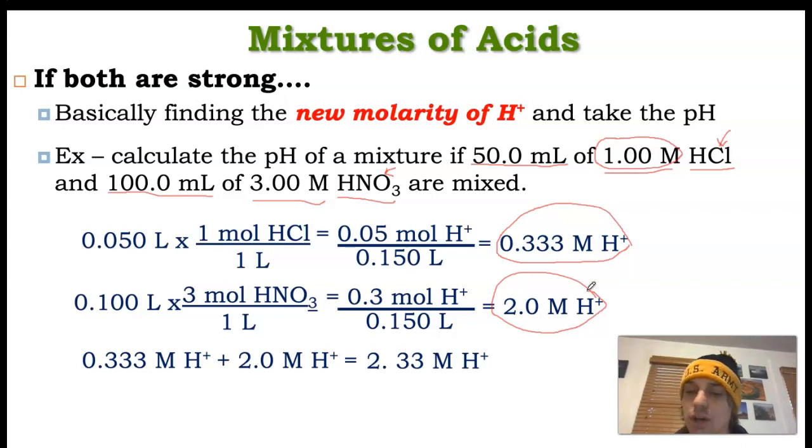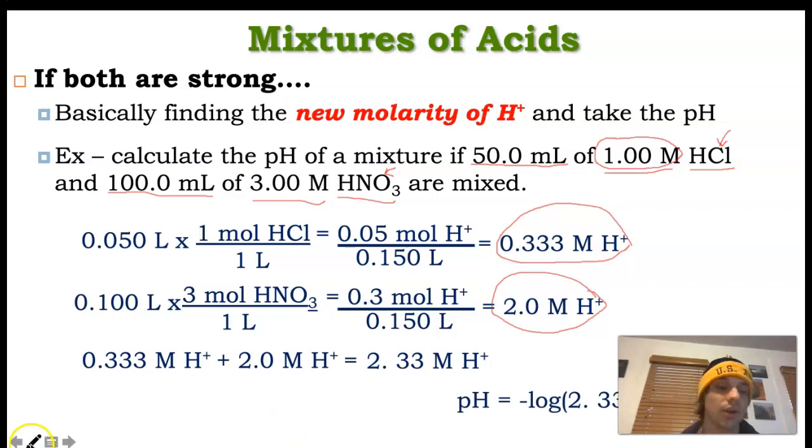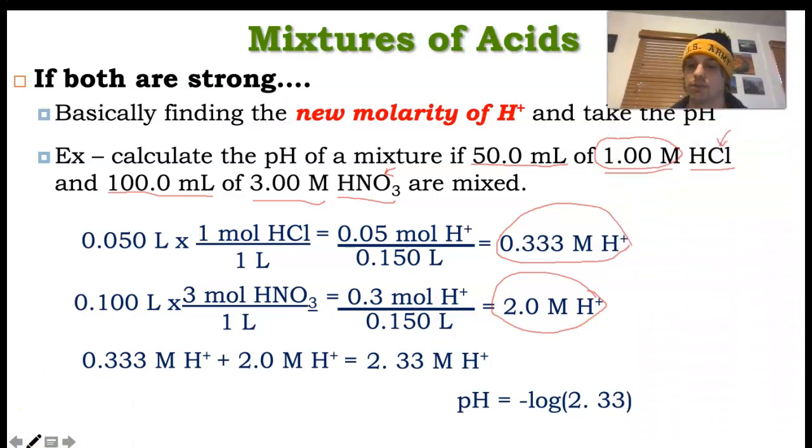Now to determine my new pH from the mixture, I need to take the negative log of that. And when I take the negative log of that, I get my new pH, negative 0.362, which makes sense because I'm mixing two strong acids together. I'm going to have a very low pH. All right, so that's a mixture of two strong acids.